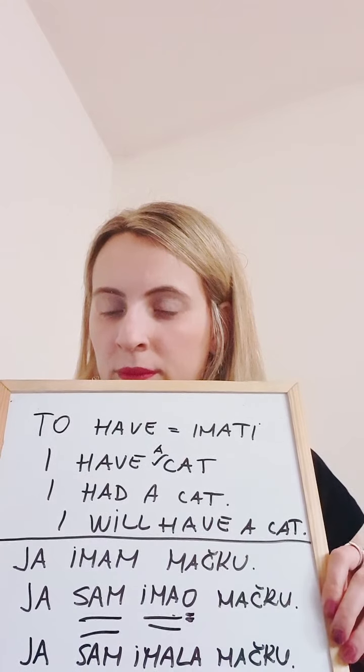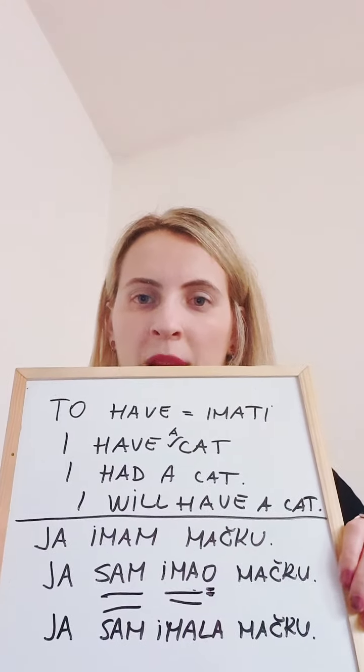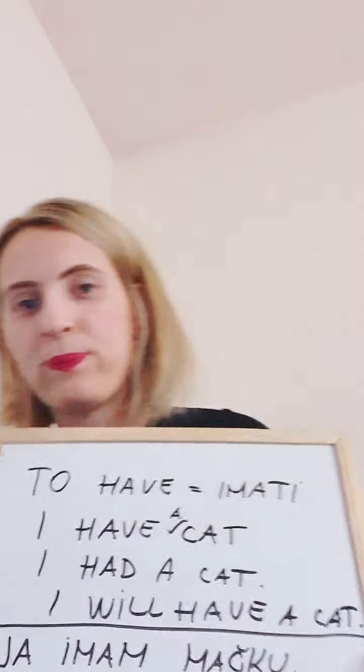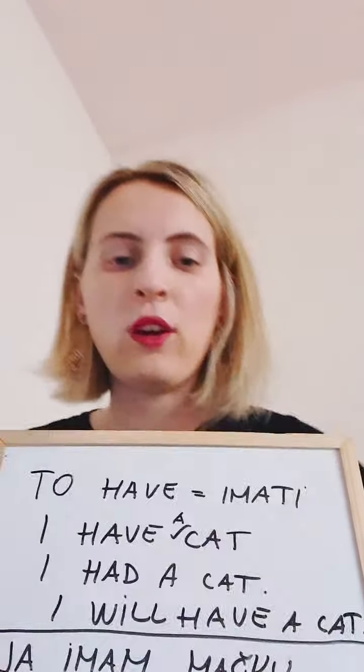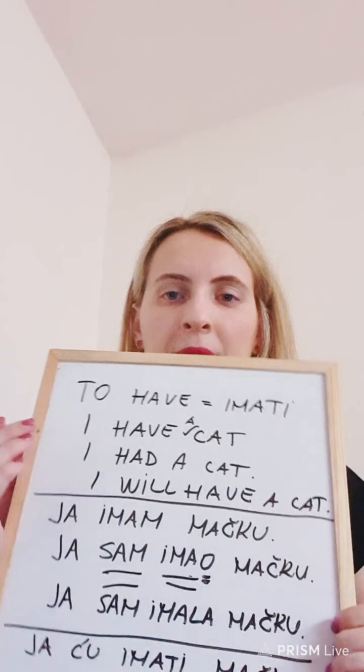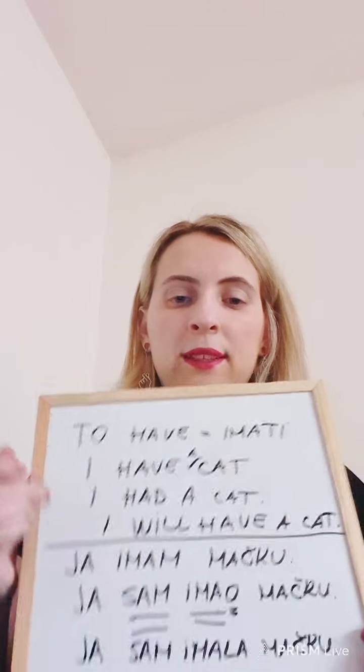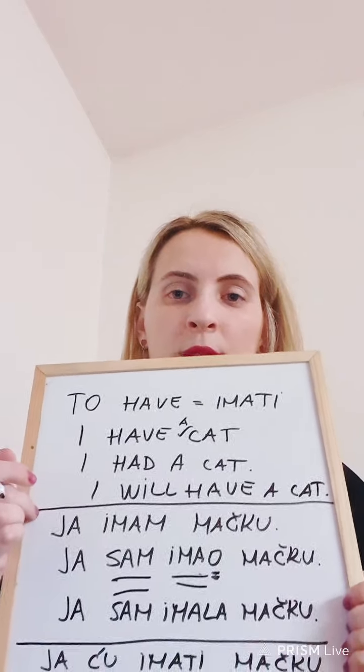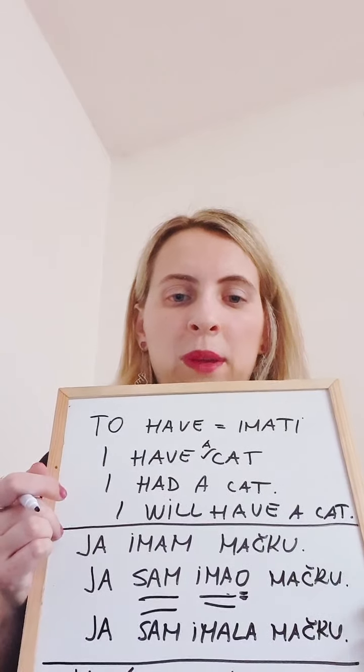So ja sam imala mačku, ja sam imao mačku. Okay, and if you want to say this in the future, ja ću imati mačku. And actually, only in the past you need to distinguish male or female. Because ja imam mačku, we don't know is it male or female.